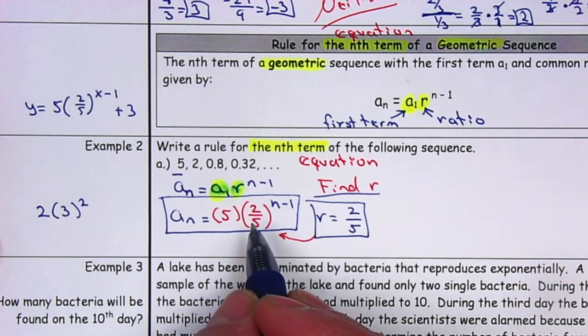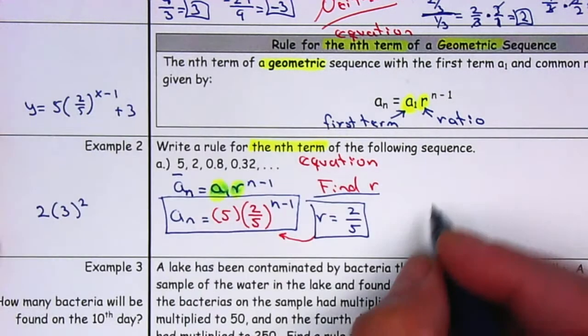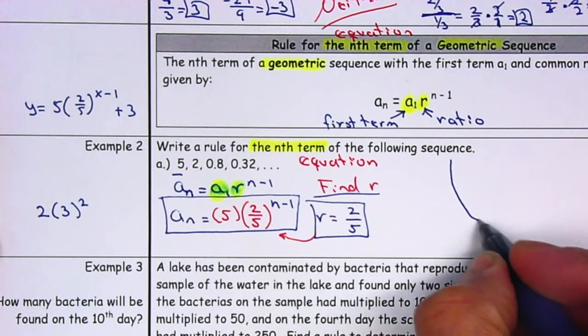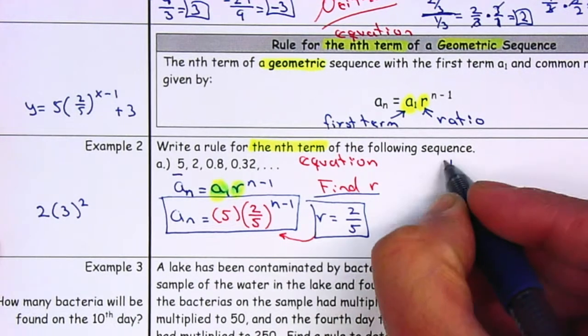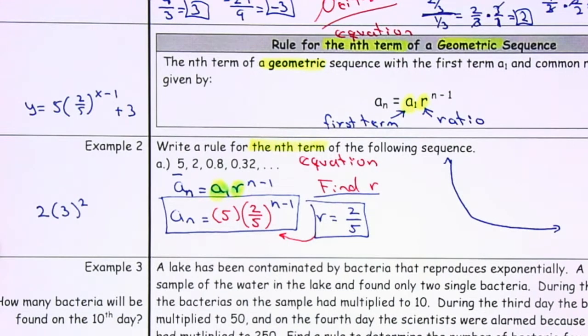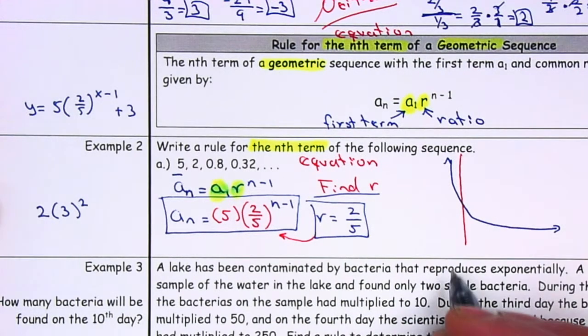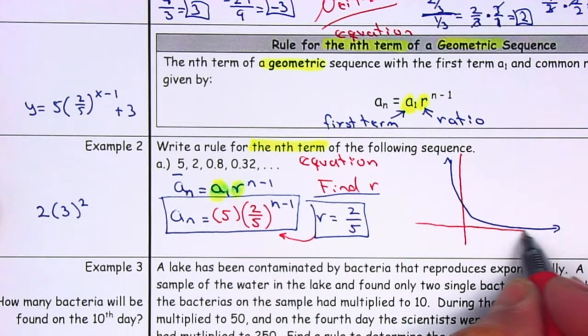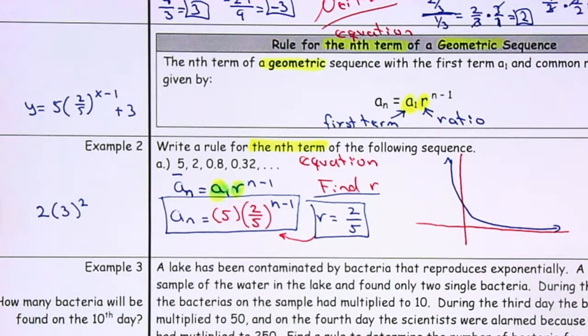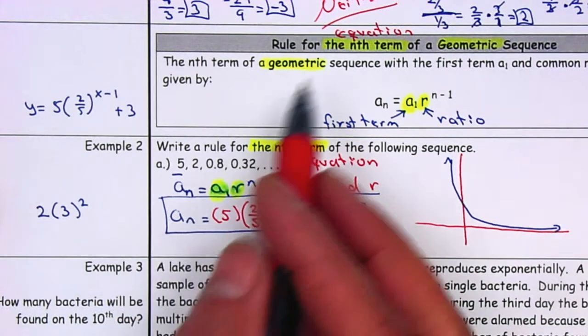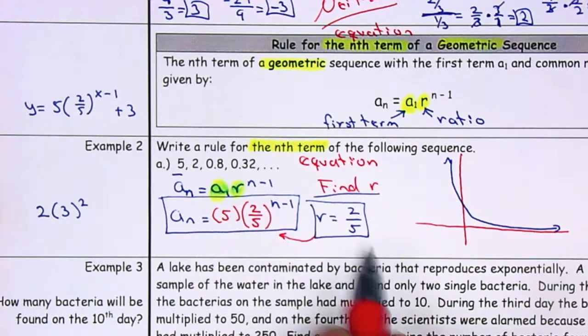This is 2/5, which is less than 1, so this will be an exponential decay. So your graph will look something like this, and this will be your x and y axis. So whenever we're dealing with a geometric sequence, we're looking at exponential growth and exponential decay.